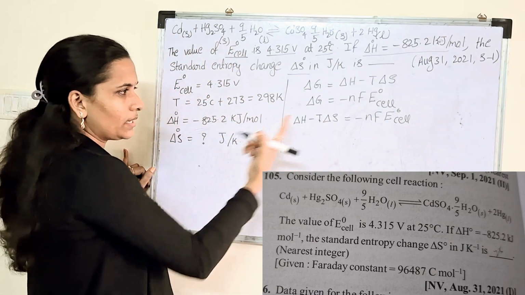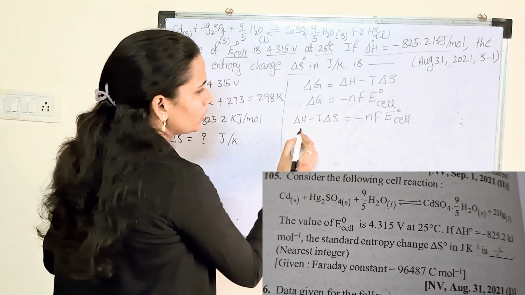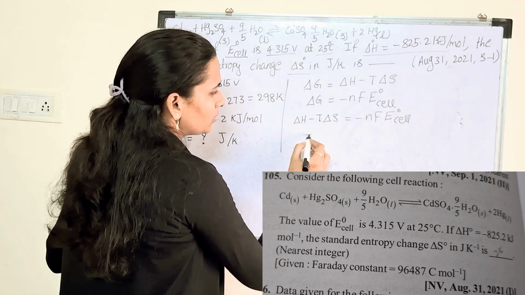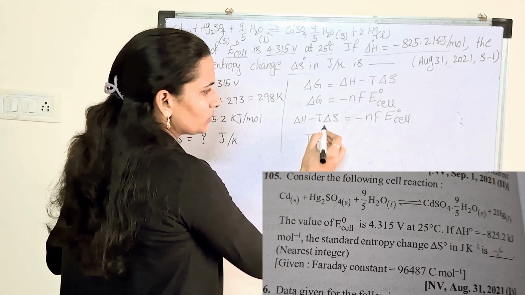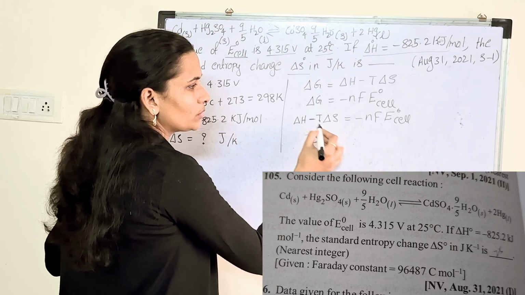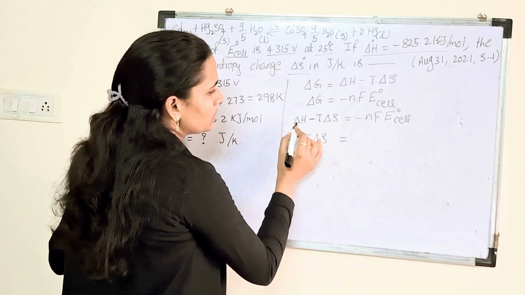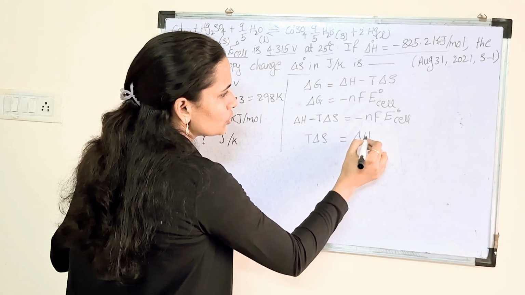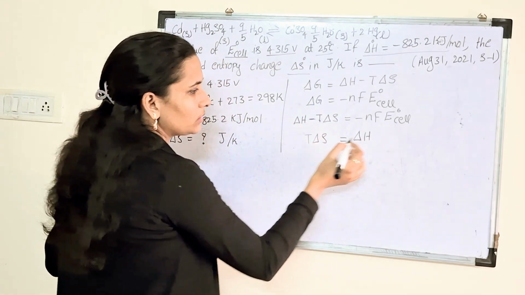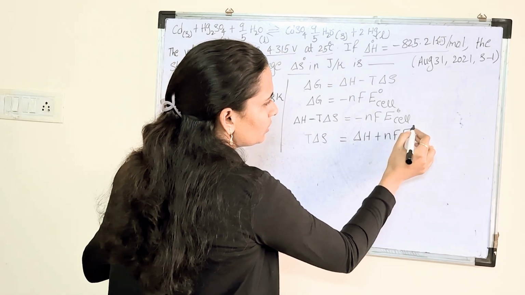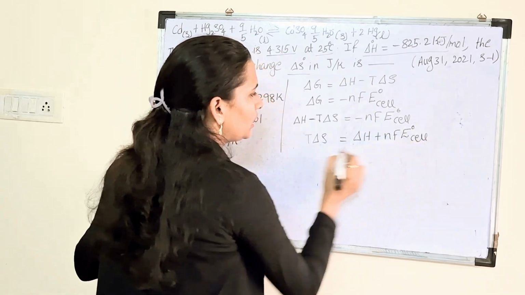We need delta S, so T delta S moves to one side as a positive term, and the nFE term moves to the other side. Then T delta S equal to delta H plus nFE° cell.